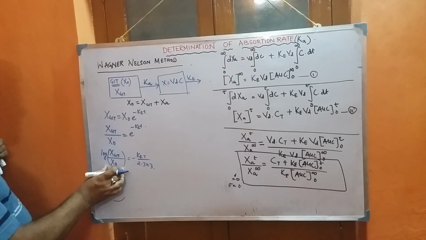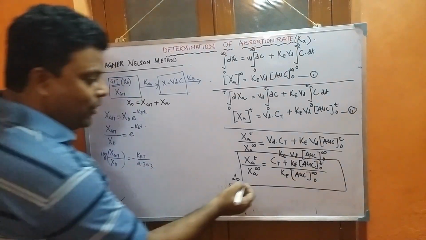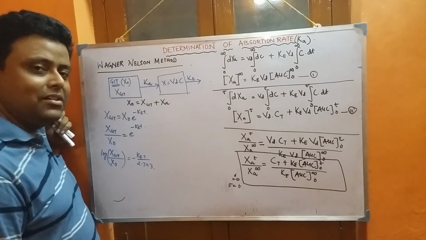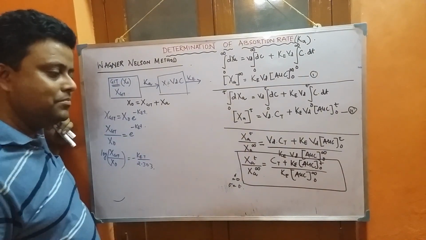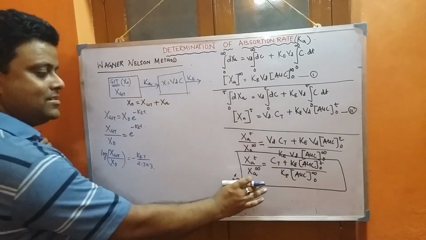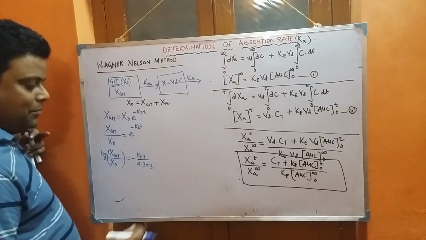So this is the fraction of the drug unabsorbed. What we discussed till now was the fraction of the drug which is absorbed. This is unabsorbed and this is absorbed, so it is a little bit different.